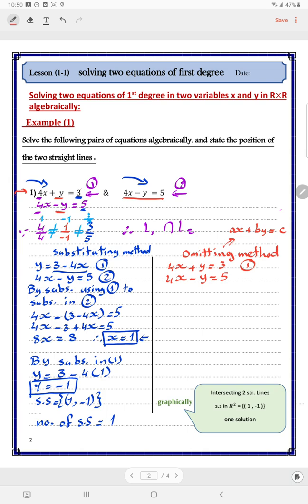In this method, omitting method means I will put the coefficient of x or y in one equation as the additive inverse of the coefficient in the other. Again, I need the coefficient of x or the coefficient of y to be the additive inverse of the coefficient of x or y in the second.